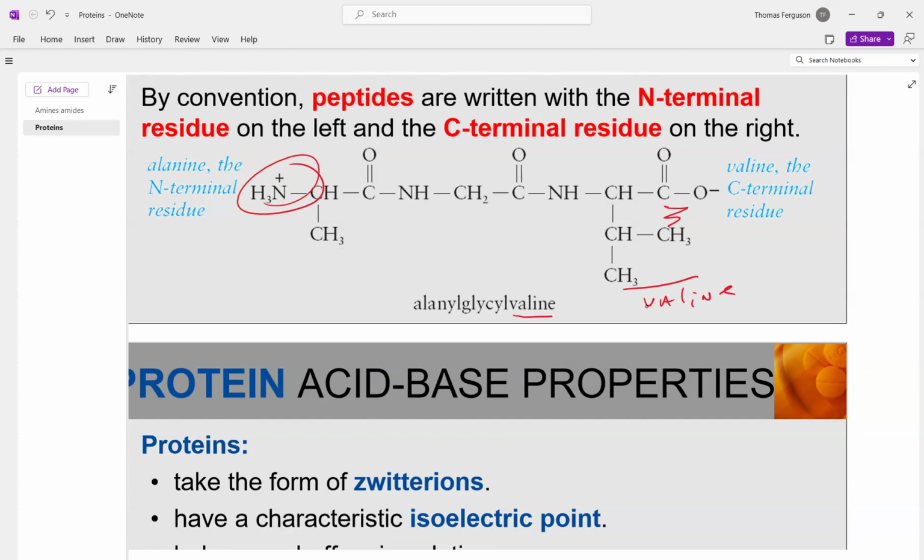The next one in is glycine, and notice it's like an YL. And then the first one is alanine. Now this gets very, very, very cumbersome after a while. If you have a polypeptide with 50 amino acids in it, it's a really long name.